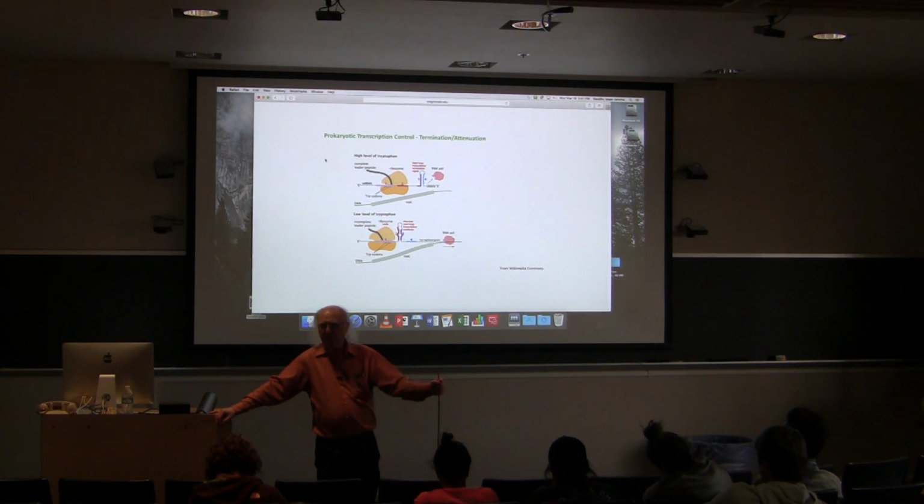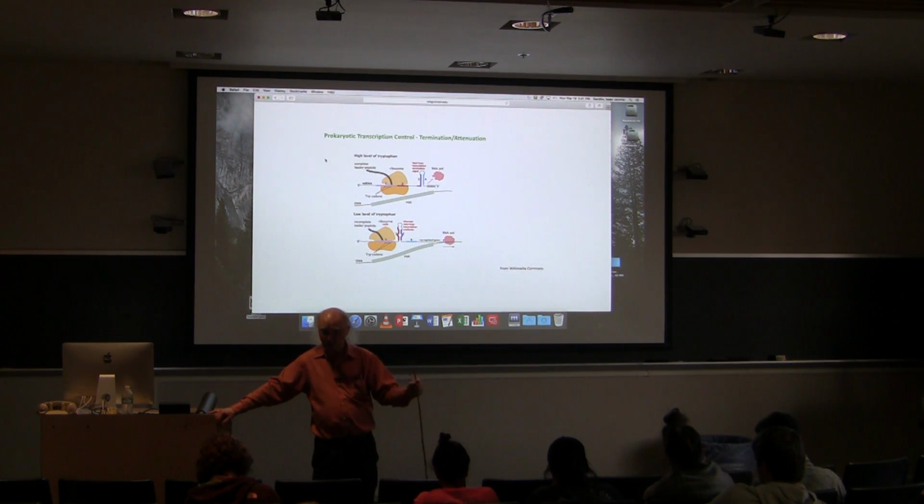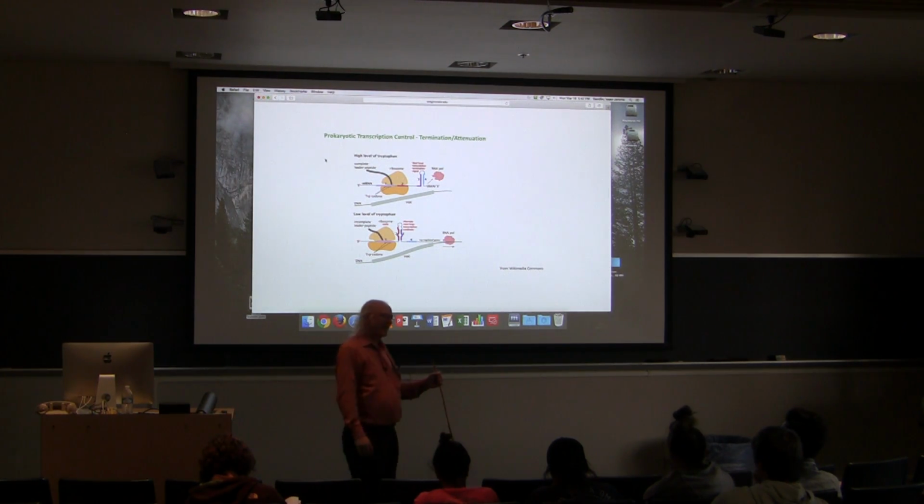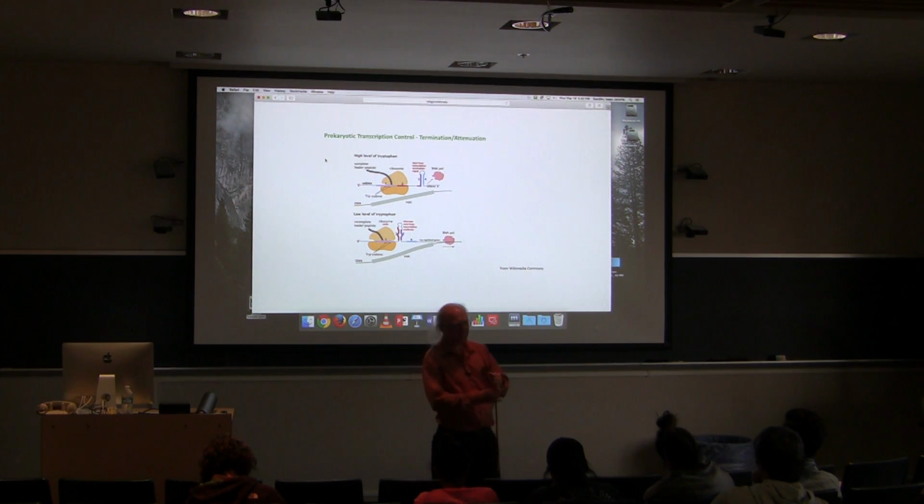IF2 binds only to the fMet tRNA and protects it from being broken down into fMet and the tRNA. That is, it stabilizes that structure against water. And that's the same thing that EF-Tu does for everything else. So IF2 is very comparable to EF-Tu. It's IF2 and EF-Tu. I said IF-Tu. It's not IF-Tu. It's IF2. I do that all the time. IF2 and EF-Tu.